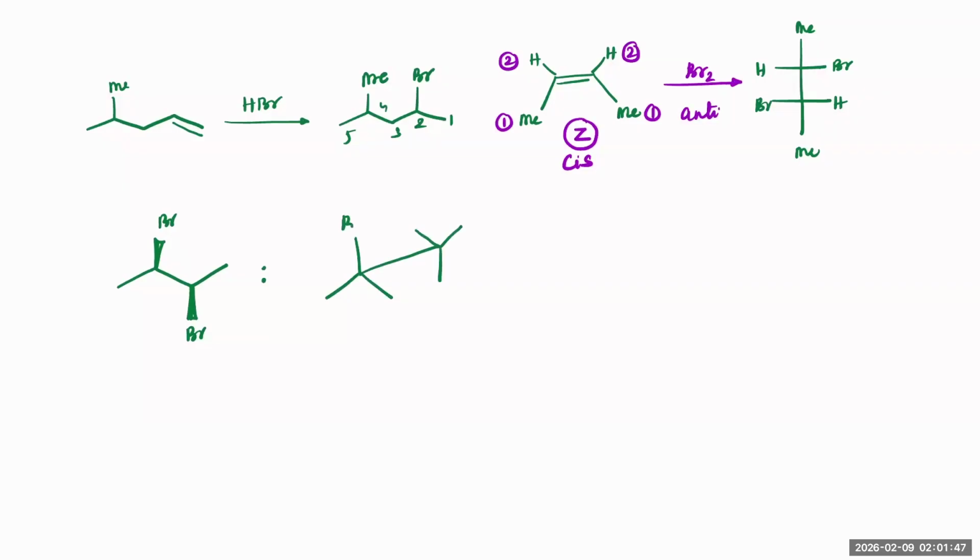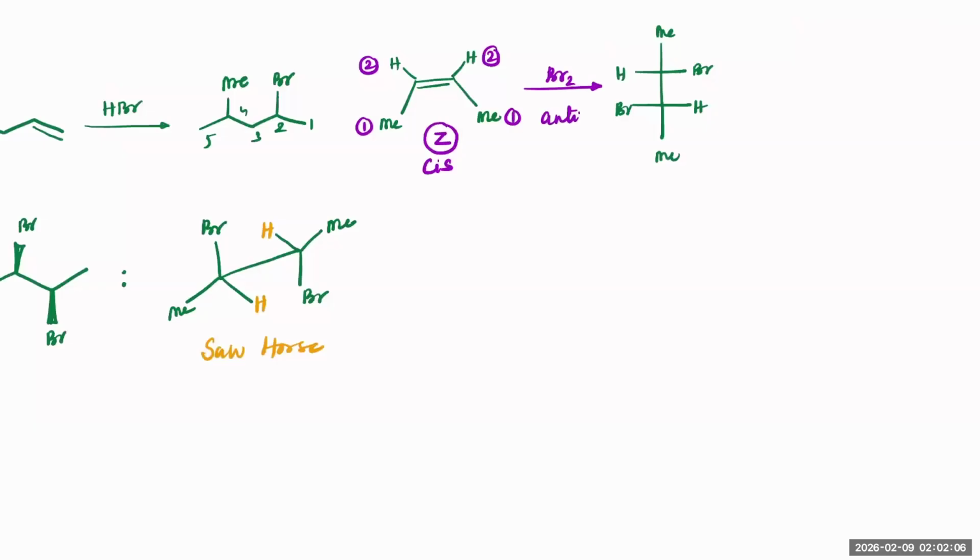So check it out: bromine is here, bromine is here, methyl is here, methyl is here, and these two are hydrogens which were not observed. This is the sawhorse projection.